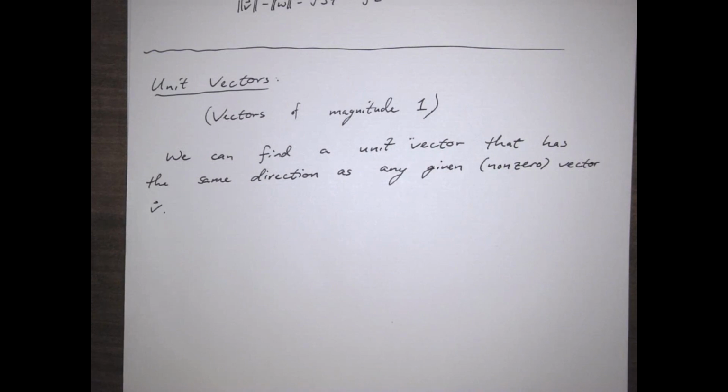It can't be 0i plus 0j. That would technically be a vector, but it would not be a vector that has a direction, because it's just starting at the origin and ending at the origin. So it's not going any particular direction.